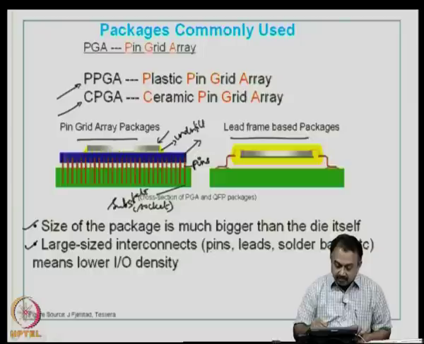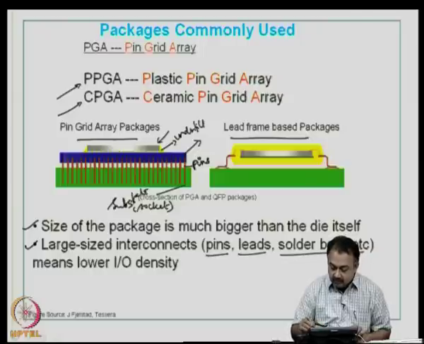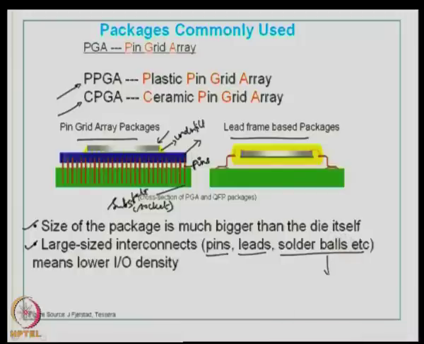So, basically these are pins which are large, and it could be leads also or solder balls when you consider PGA migration to BGAs. So, basically it is low density, but again these are specific to certain applications where you are not worried about the IO density, you are worried about the reliability of the interconnects and the stability or reliability of the package, a long shelf life.